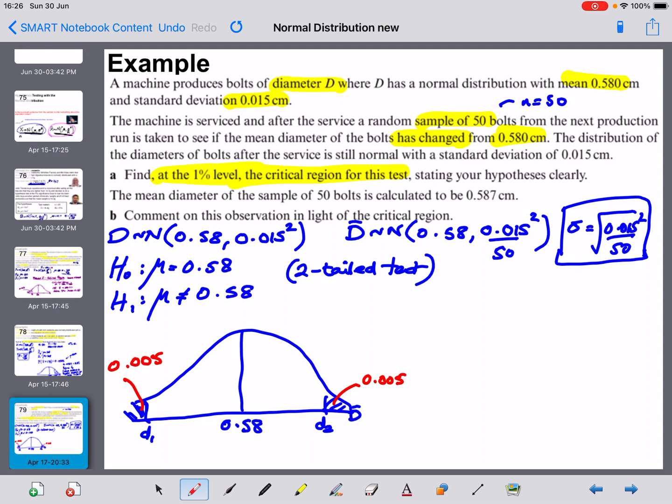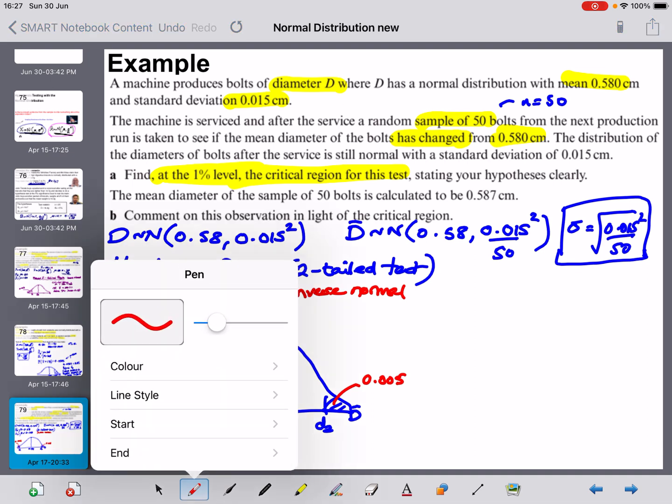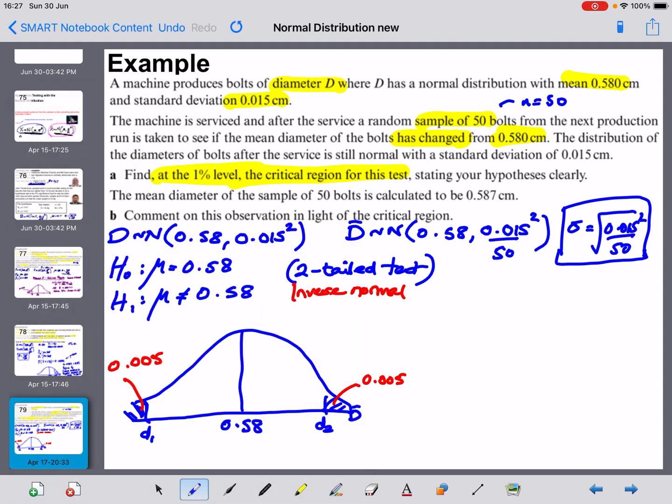Okay, so we're using inverse normal because we have an area. So if I work out D1 first, we want the area to the left, so 0.005 is the area, and the square root of 0.015 squared over 50 is the standard deviation, and 0.58 is the mean.